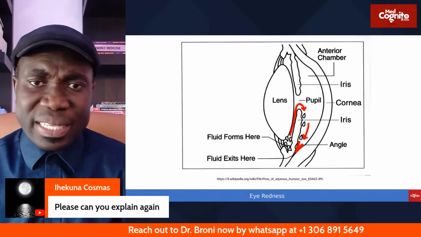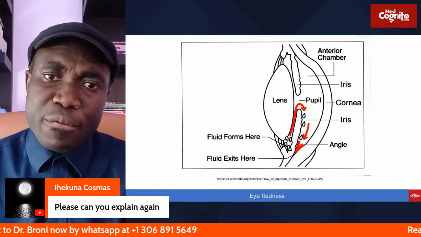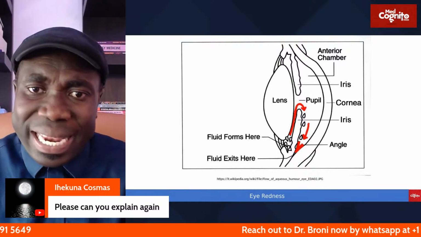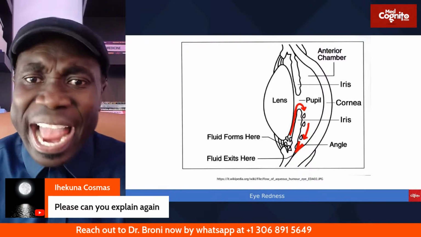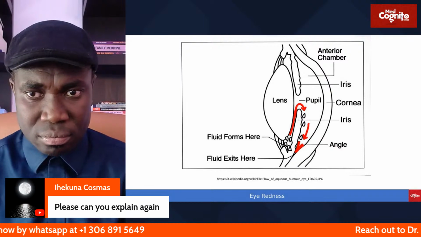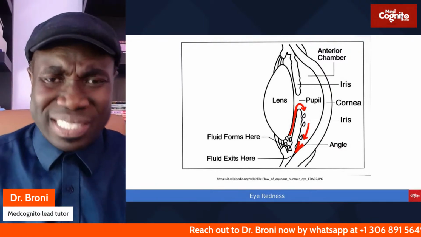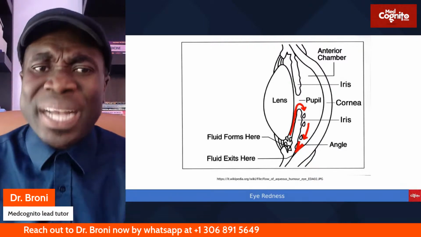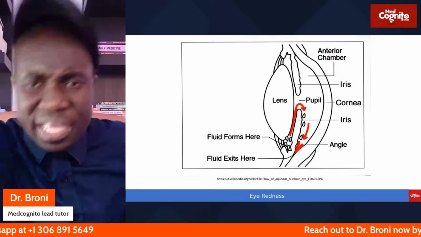Number one, remember that aqueous humor is produced from the ciliary region. Then it has to flow between the lens and the iris, come through the pupil, and be drained here. So we are thinking about what can cause pressure to build up. Number one, you have normal drainage and a normal path, but excessive aqueous humor production, which can increase pressure.